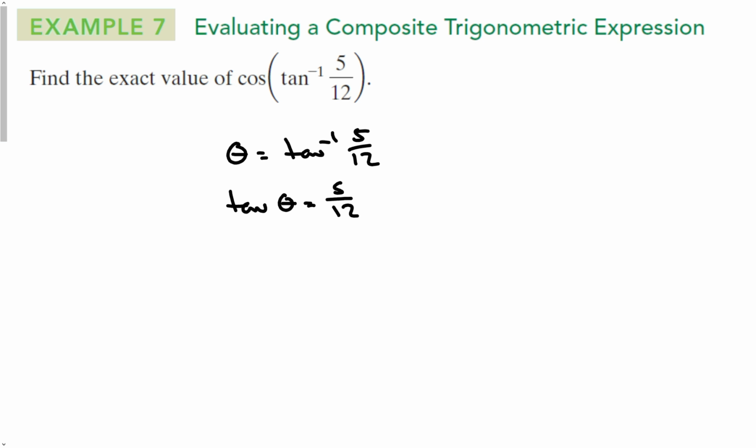I don't really care what the angle is because I'm just going to take the cosine of that angle in a minute. But I need to remember the relationship that tangent has with a ratio.